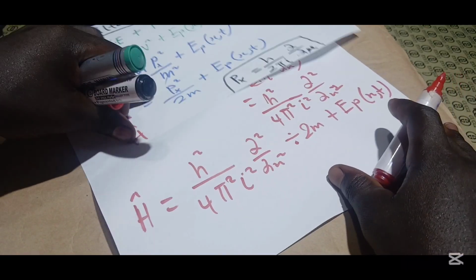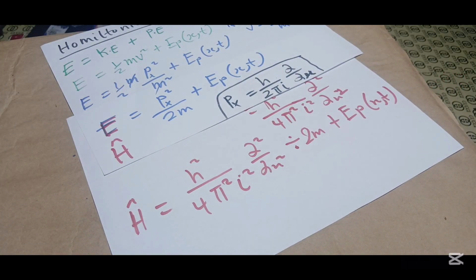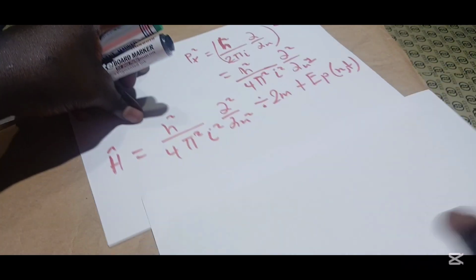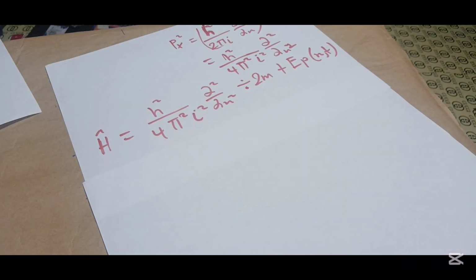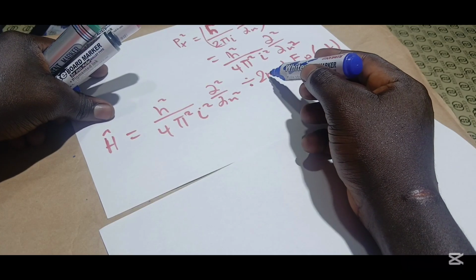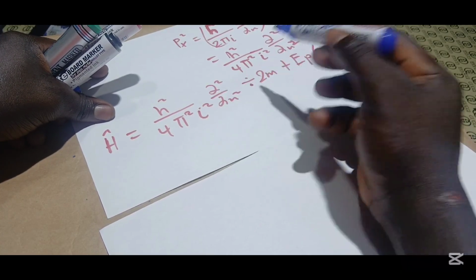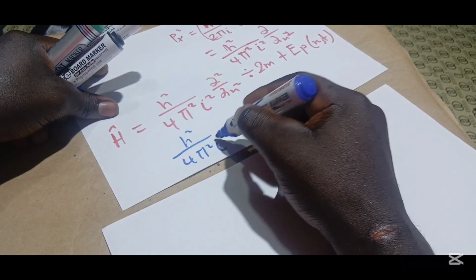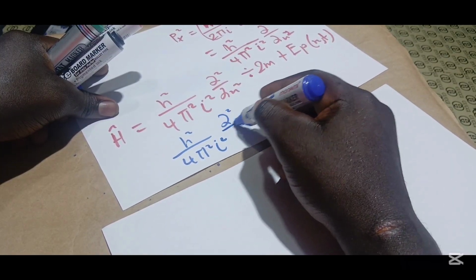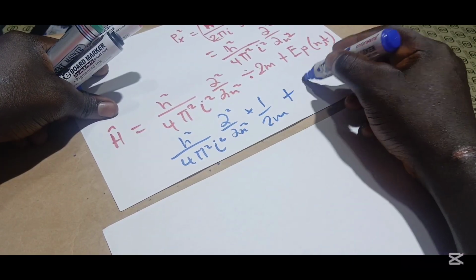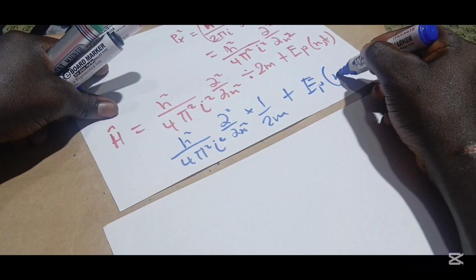So now let's move forward. We want to multiply this by that, so we just take the reciprocal of it. So we have h squared over 4 pi squared i squared, d squared over dx squared, multiplied by 1 over 2m, plus our potential energy.